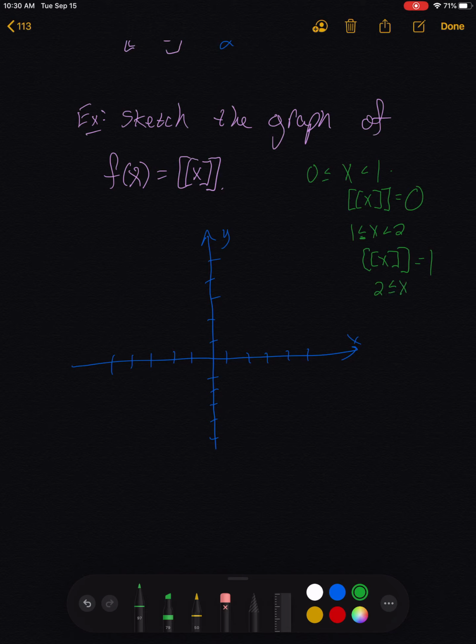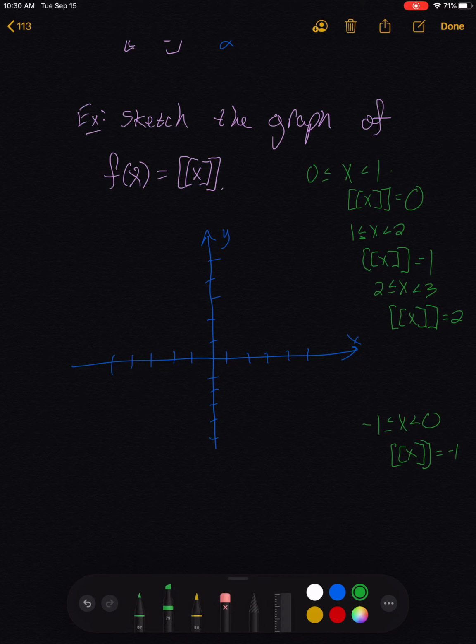If x is greater than or equal to 2 but less than 3, the greatest integer for x would send us down to 2. And so forth. And just to take a look at some negatives, let's say x is greater than or equal to negative 1 but less than 0, then the greatest integer for x is going to send us down to negative 1.